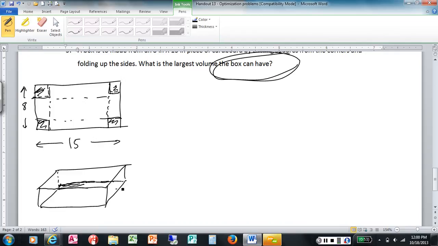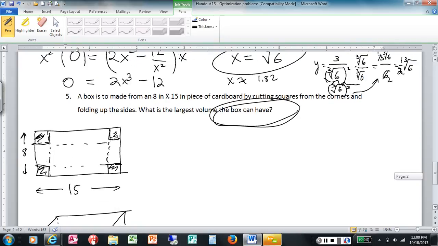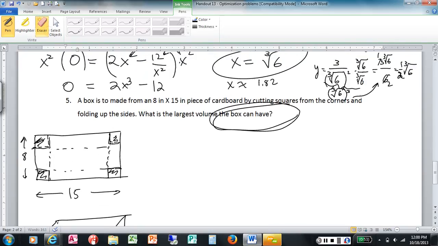Okay. All right. But the deal is here. What is the deal? Okay. All right. What do I want to do? I want to find the largest volume this box can have. So I want to maximize my volume. Volume is length times width times height.